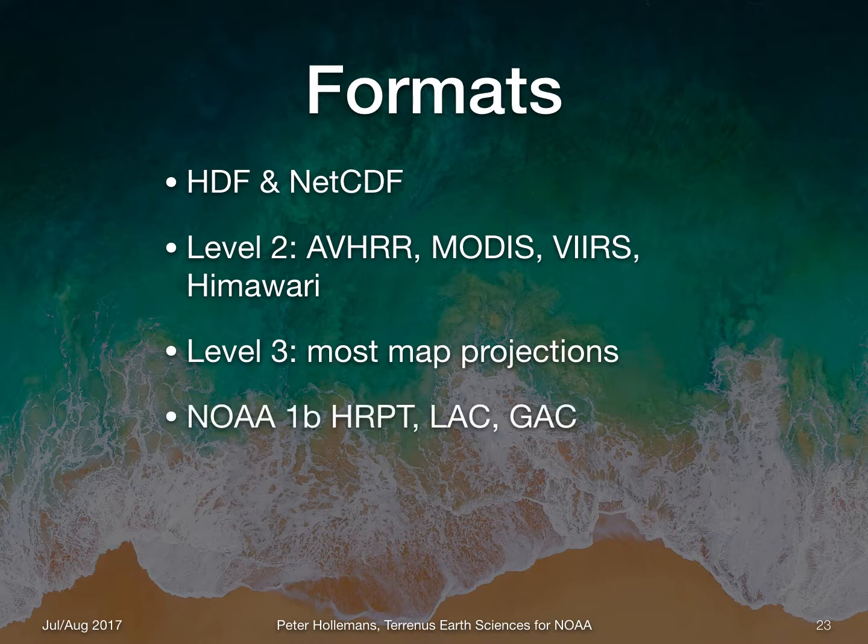The tools can read NOAA 1B, HRPT data, LAC and GAC stored in the CLASS archive back to 1978, and GRIB data, as well as OpenDAP, currently not enabled, something that we'd like to re-enable due to recent interest in OpenDAP.